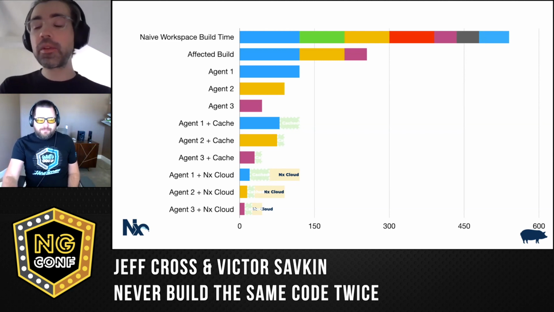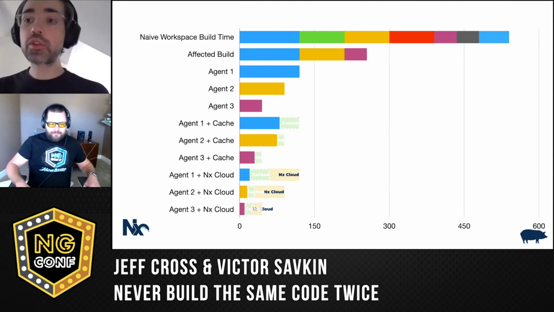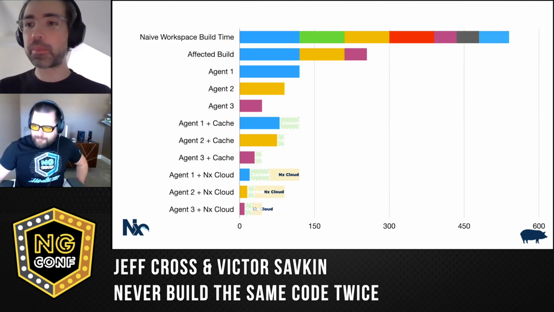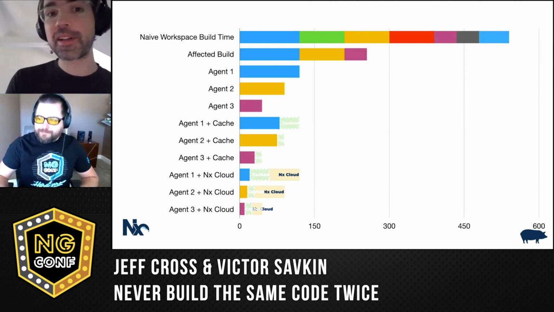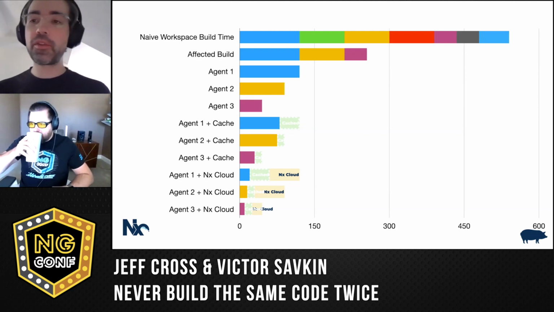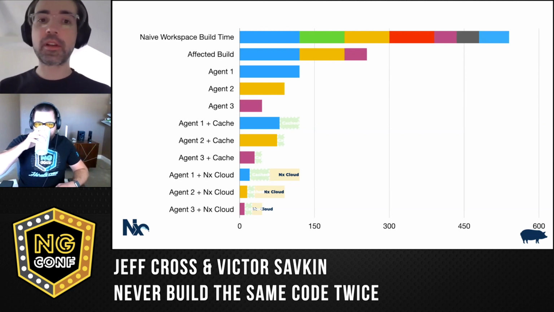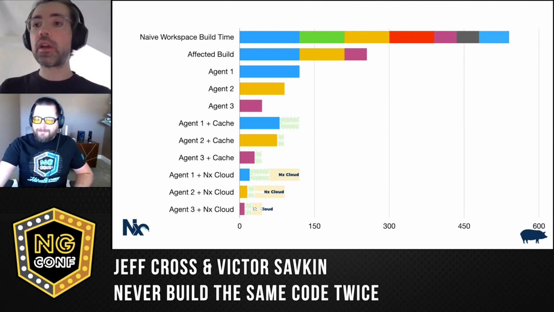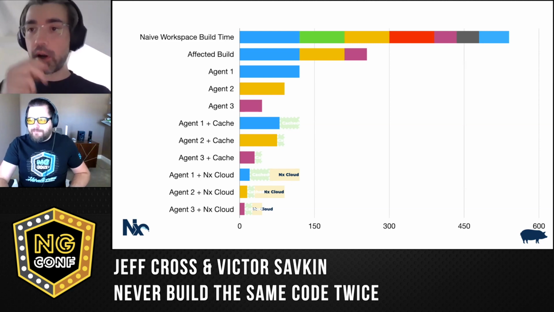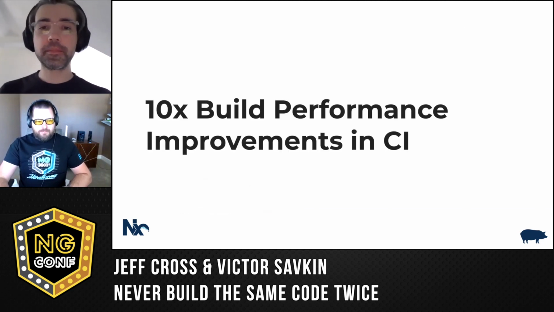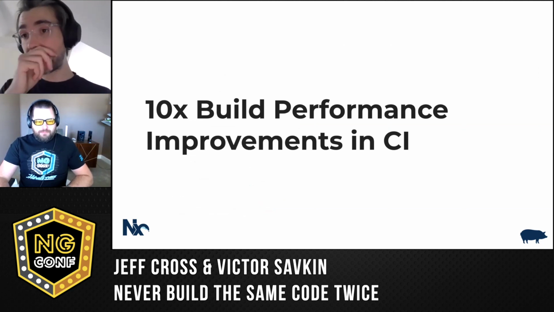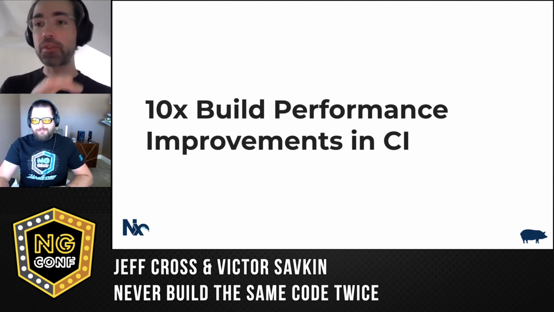But it's not unthinkable to imagine going from a naive workspace situation where you can wait for 10 hours to validate a PR, if you have a large workspace and do it naively. If you go to effect, you can reduce it to maybe an hour. But if you push it down, you can reduce the average time of your PR to just a few minutes. Next slide.